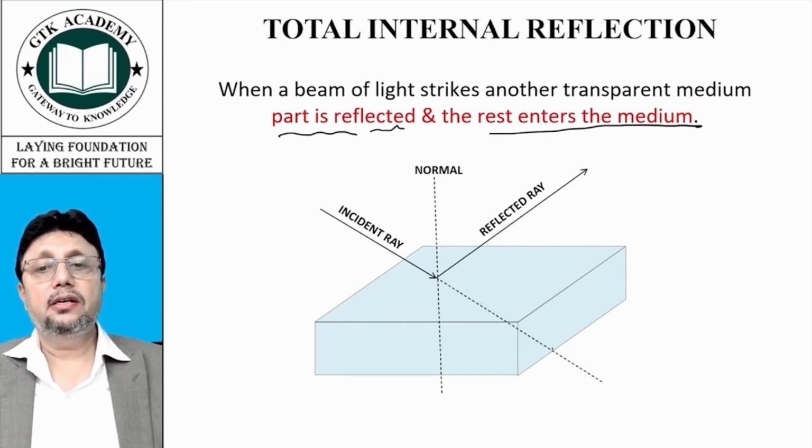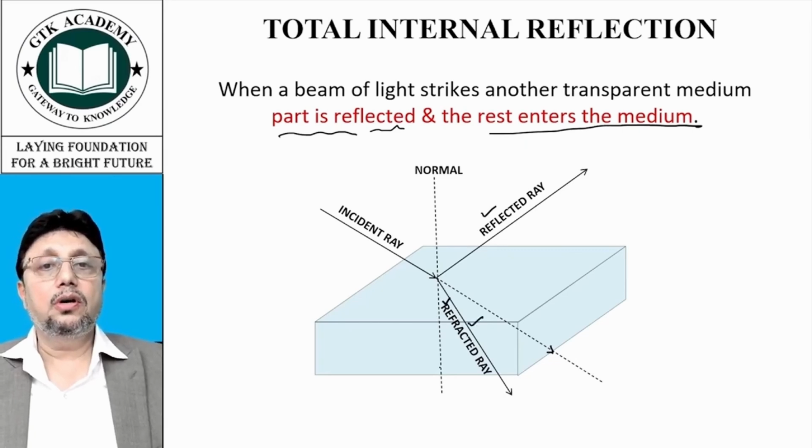Had it gone straight, it would have gone on this path, but it changes direction. So this is the refracted ray. This is the reflected ray, and this is the refracted ray. So both these things, reflection and refraction, happen simultaneously.